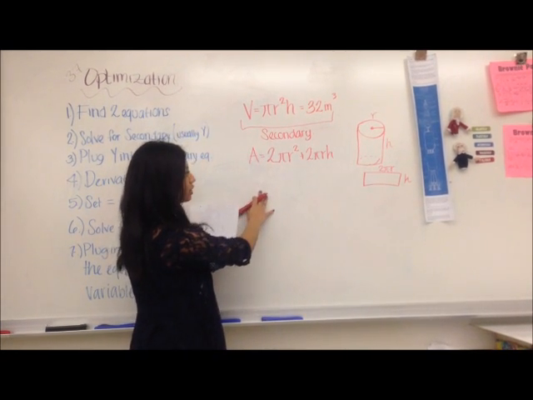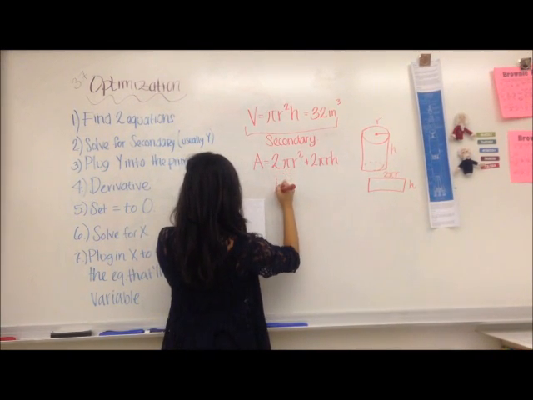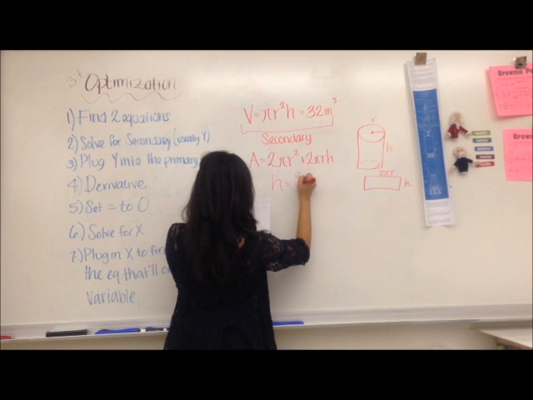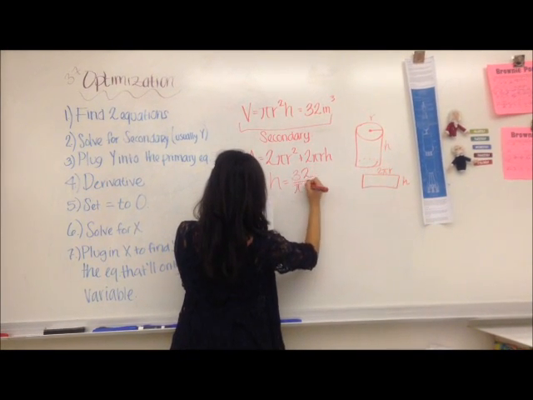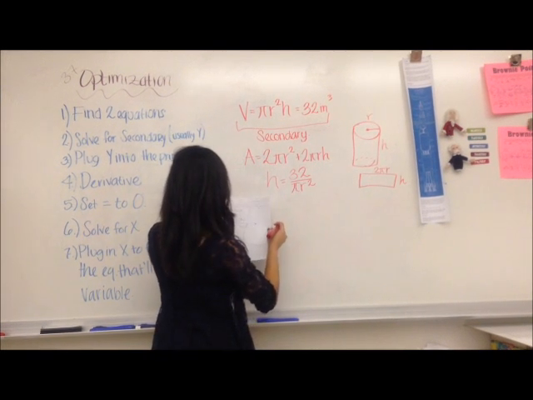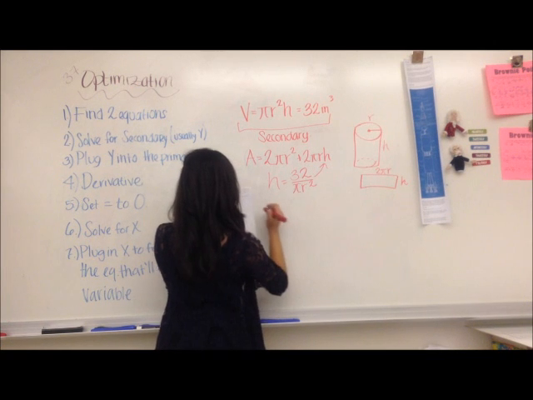Now after we have the equation of our area, we can solve for the h, and we find that h equals 32 over pi r squared, and we plug that value into h.